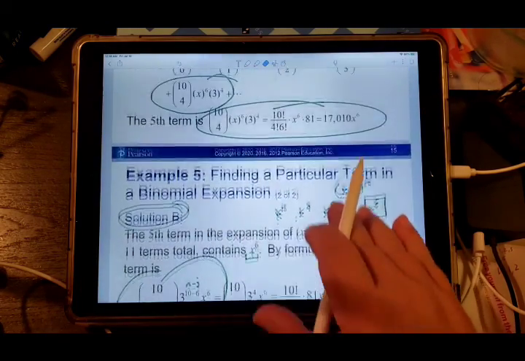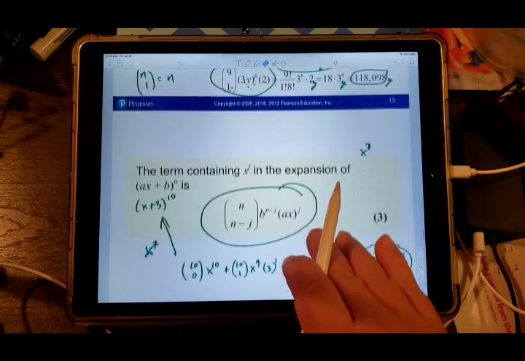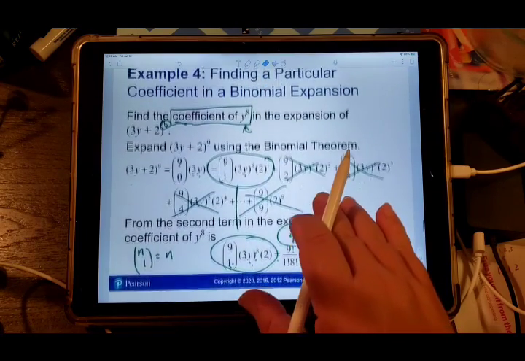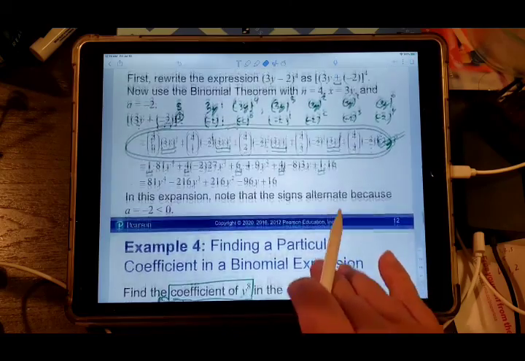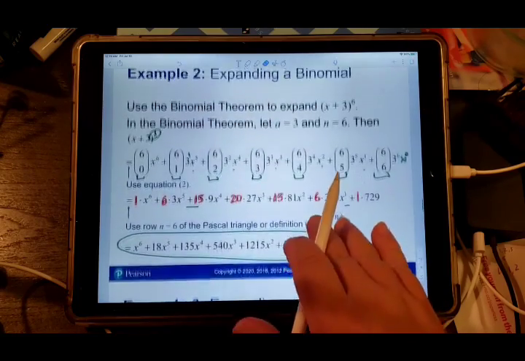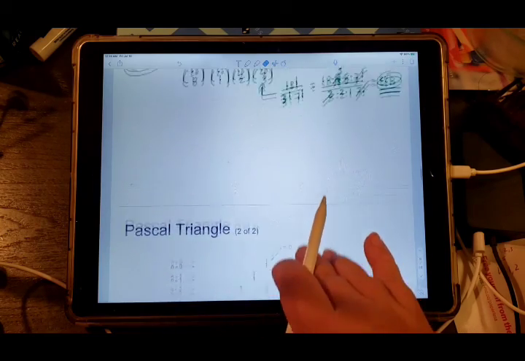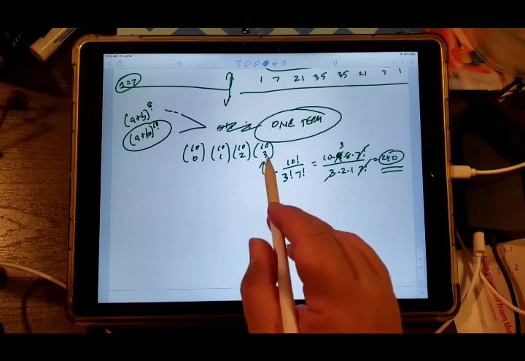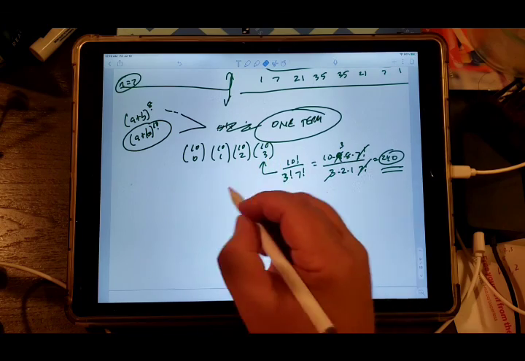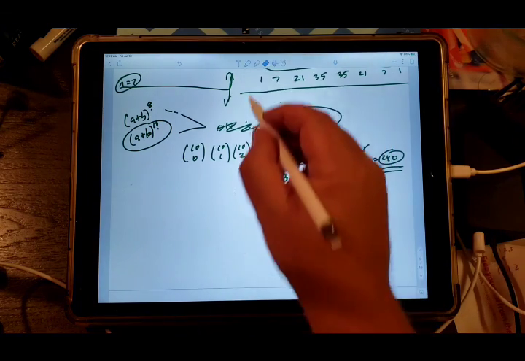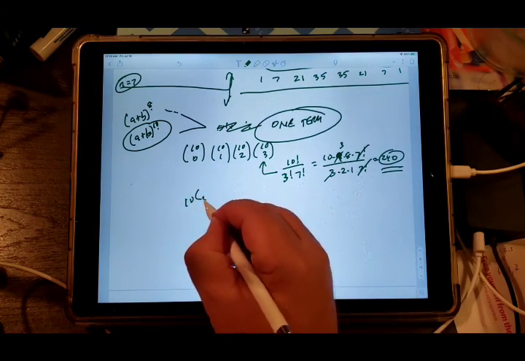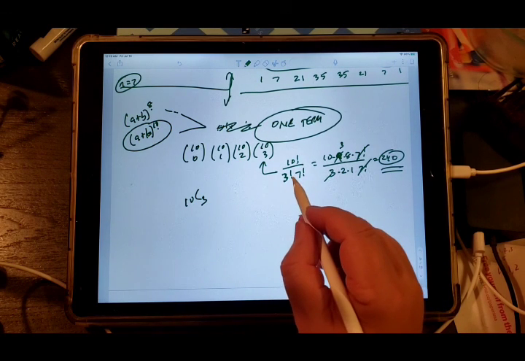The only thing I want to leave you with is I definitely recommend you not just do the NCR calculations by hand. That's pretty much all I've done here. When I had 10C3, I did it by hand here.